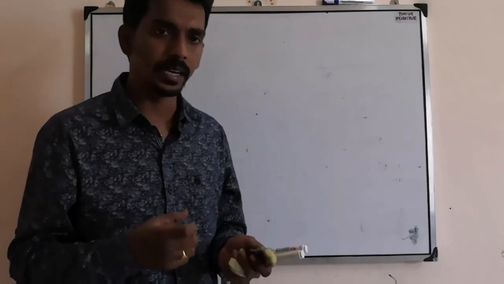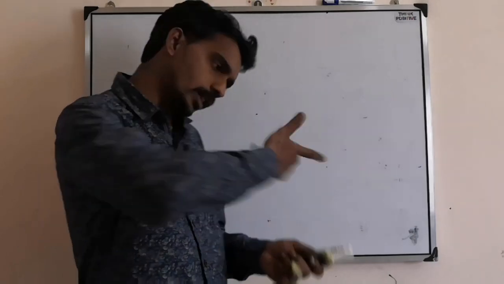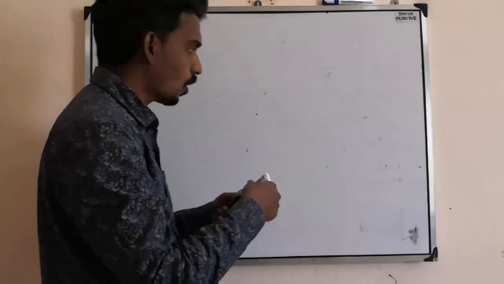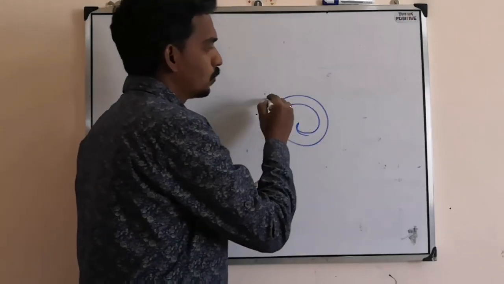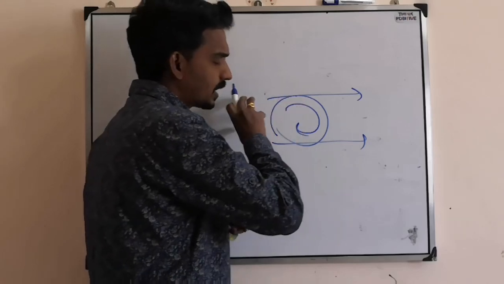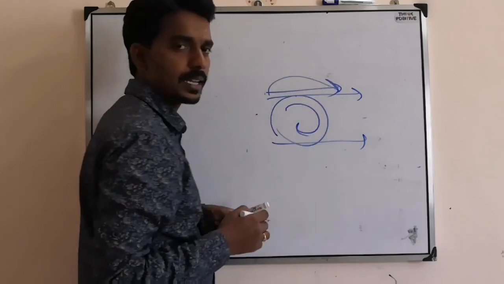Even in cricket, when you consider swing bowling or spin bowling, they will rotate the ball and throw. As the ball is rotating and moving forward, the translational motion drags the air, and the rotational motion also drags the air.